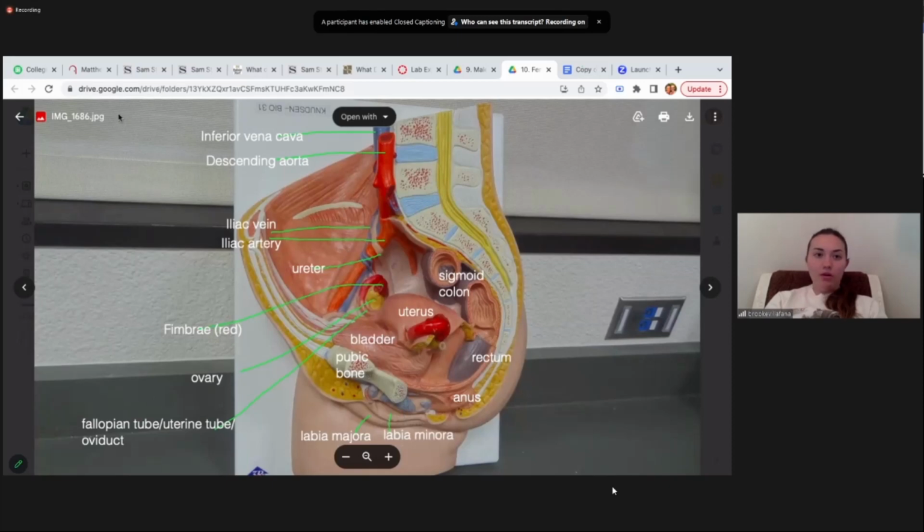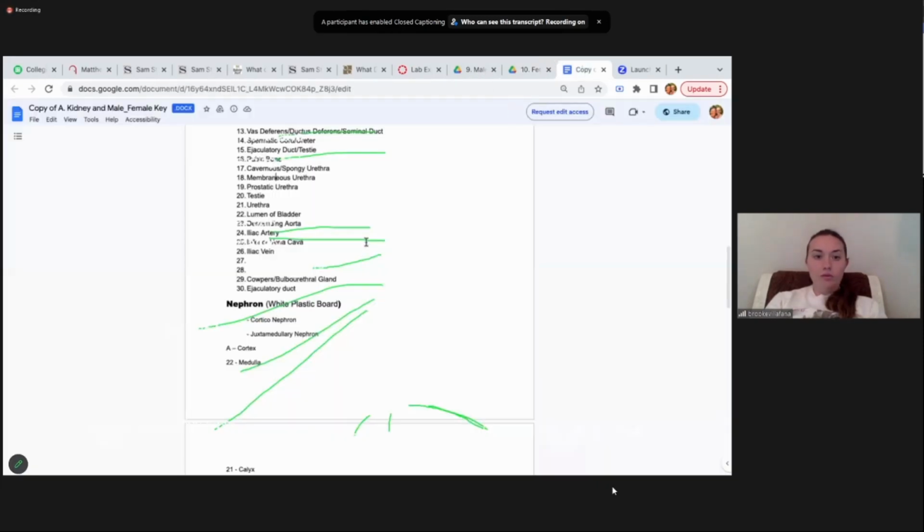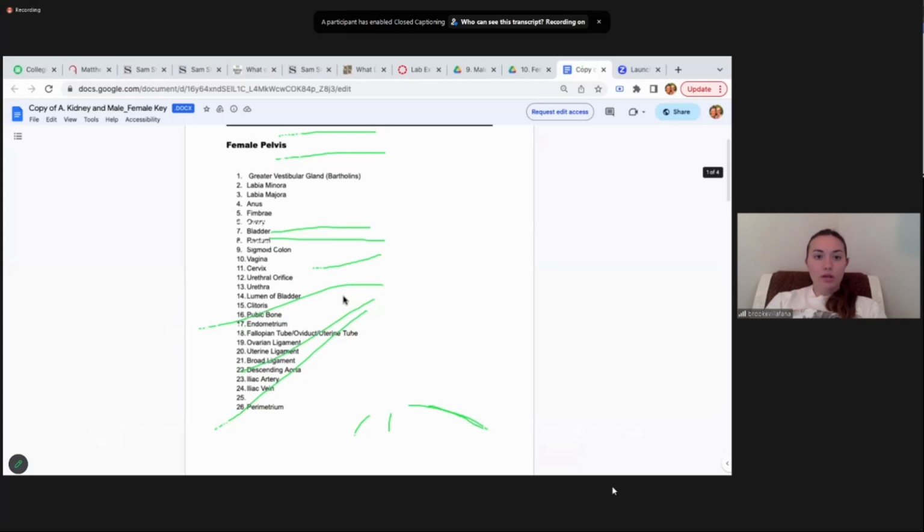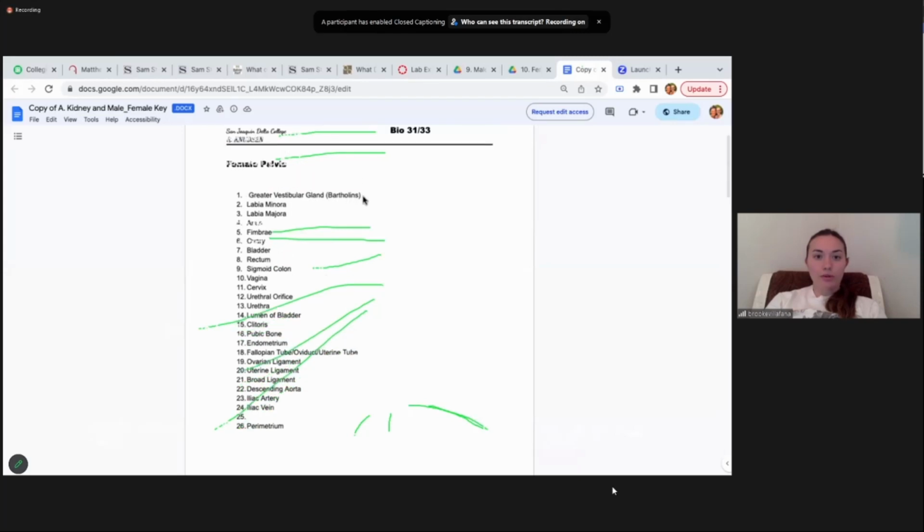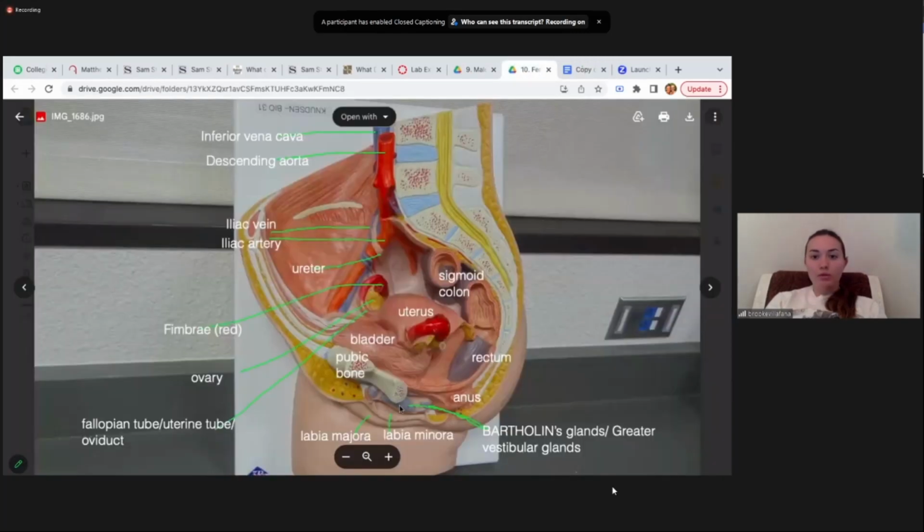And then there are the glands here, these blue, and those are called the Bartholin's glands, or greater vestibular glands. So those have 2 names. Right here, greater vestibular gland, Bartholin's, would be those blue little glands there.